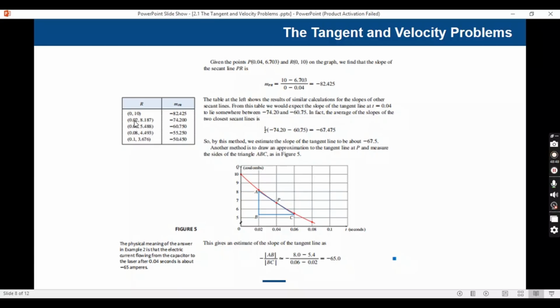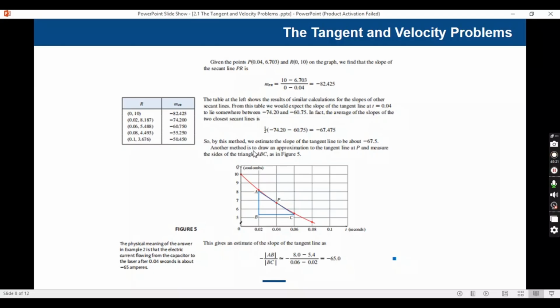So here's 0.10, 0.002, 8,187, and then they found the gradient for all of those and then averaged, which will give them an approximate answer, which is kind of their method, one of the methods. So that's how they estimate it.